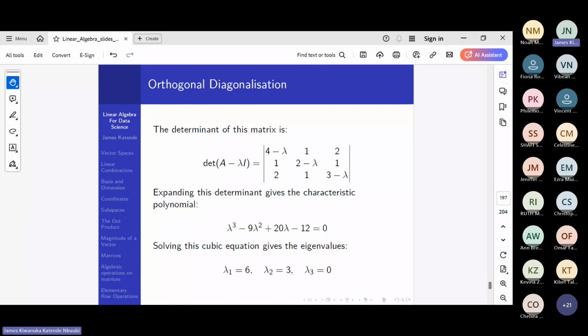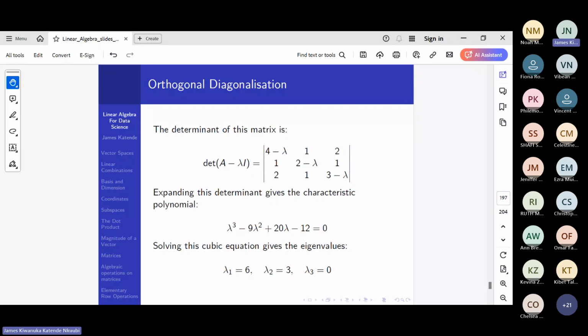And the roots of that polynomial are 6, 3, and 0. So these are the eigenvalues of our matrix A. I think you must have learned how to get roots of polynomials in undergraduate.